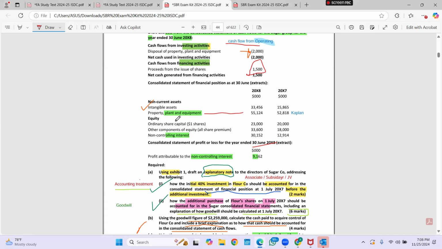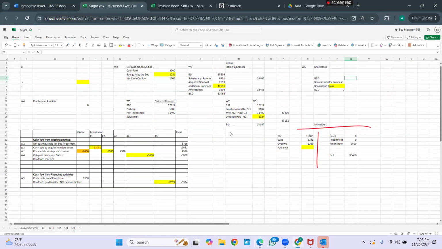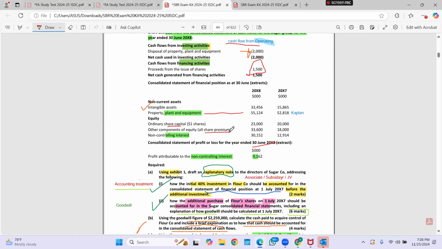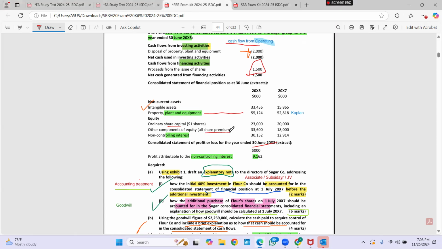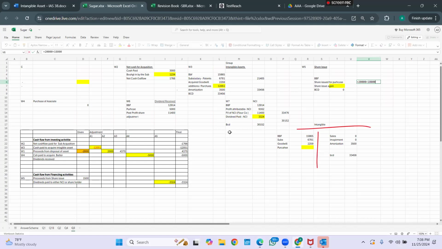I don't know why. You see, the opening balance of ordinary share capital as well as other components of equity is full of share premium. So what would be my opening shares? 20,000 plus 18,000, which is simply my share capital as well as my share premium.